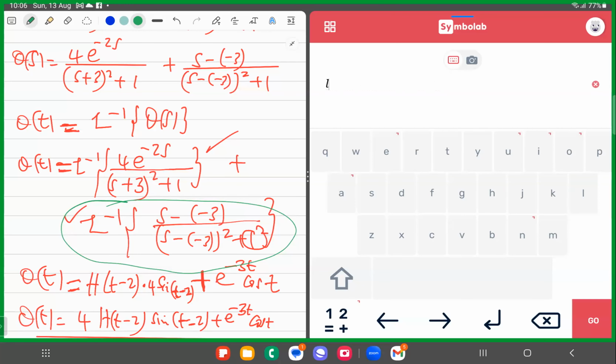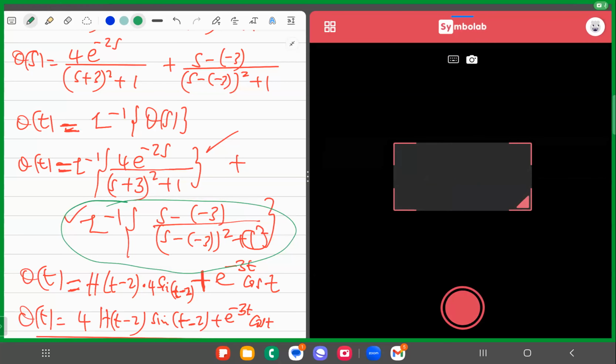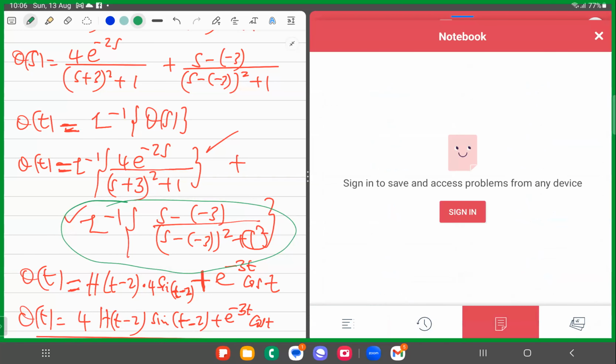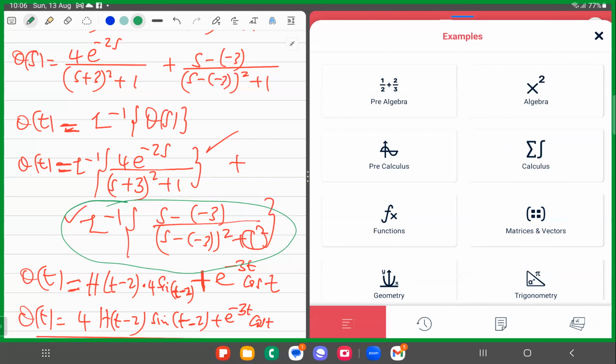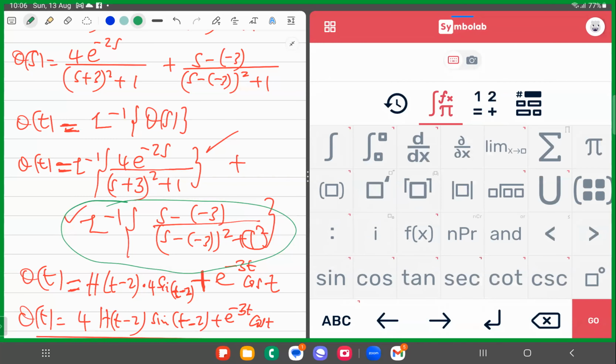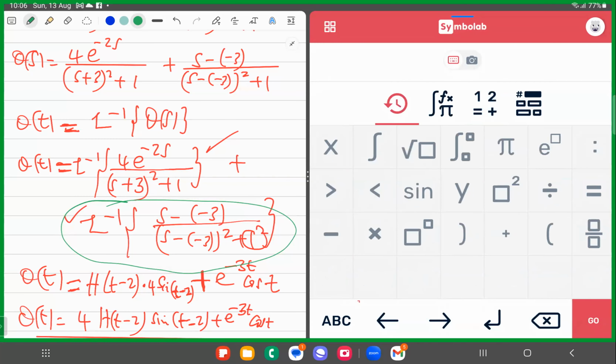Why is it? It doesn't want to take it. Okay, just one second. I want to show something here. You can see that it is not quite accepting.